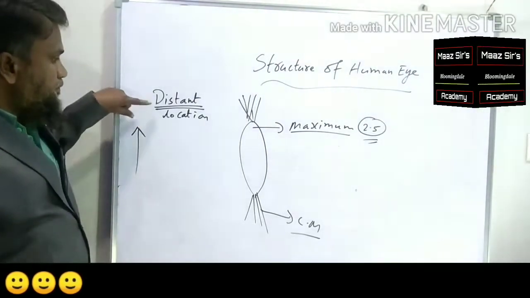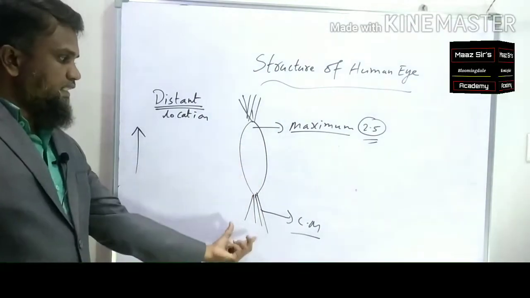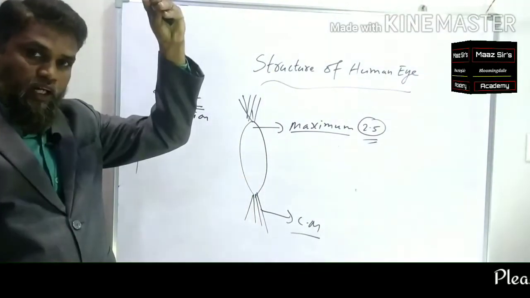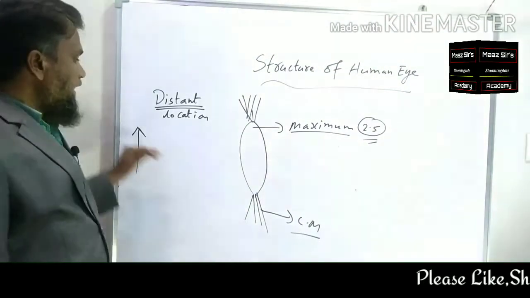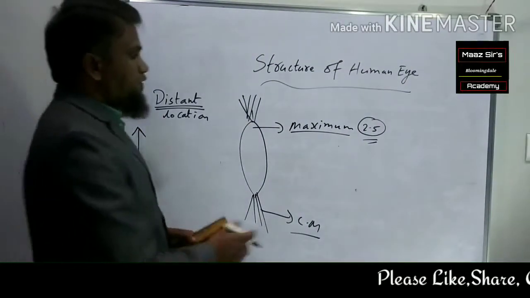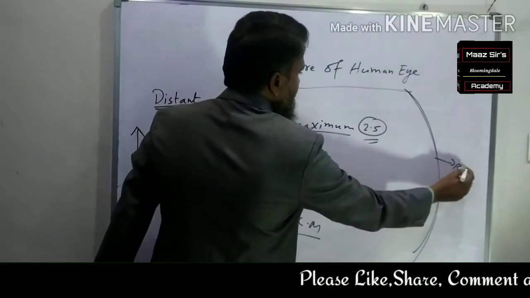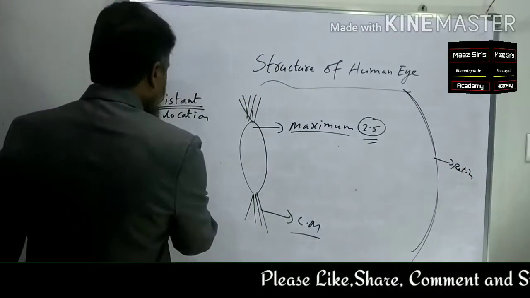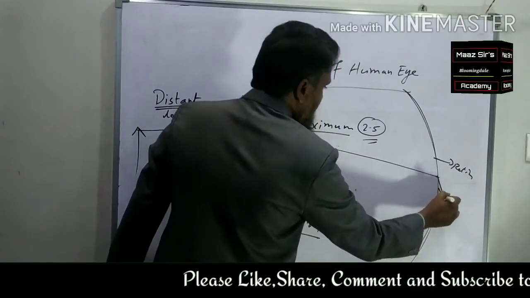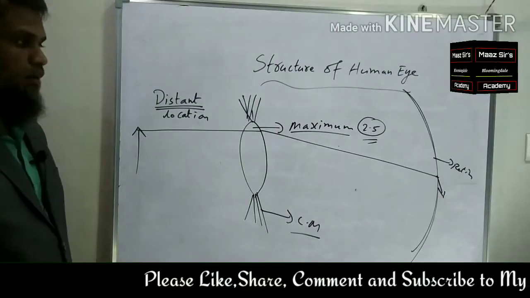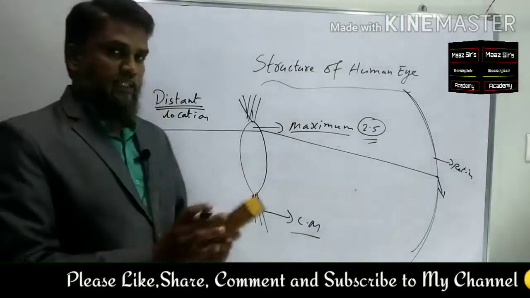If the object is at a distant location, the lens will adjust its focal length to its maximum value, so that it gets the image on the retina. So when the light passes here, what happens? You will get an inverted image onto the retina. Is it clear? So this is case 1.